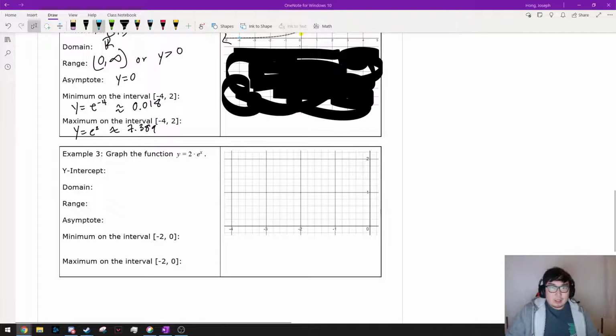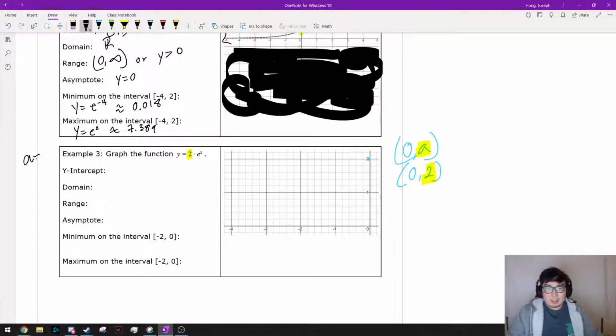So if I draw this graph, it's gonna look like this. My intercept is gonna be here. And the reason why is because of 0, comma a, which is 0, comma 2. And the reason how I know it's 2 is because of this 2 right here. A is equal to 2, B is equal to e.